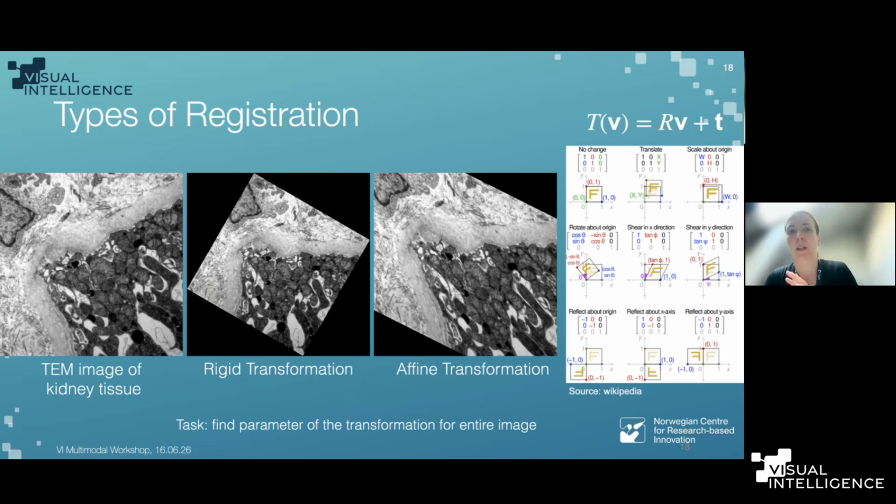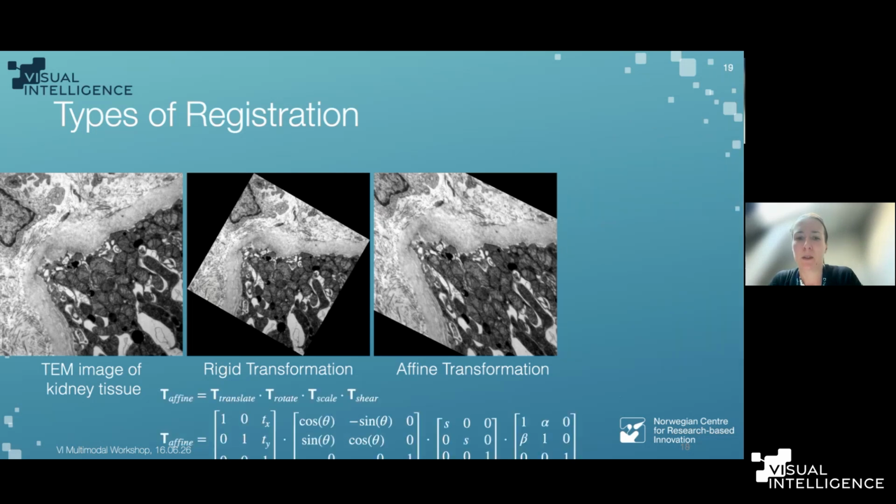So it's actually a simpler task, or it's not necessarily simple to find these parameters, but it's a well-established task that has quite a few solutions to it. These are the types of matrices you're looking for that get you the parameters for the translation, for the rotation, for the scaling, and the shear if you're in an affine transformation.